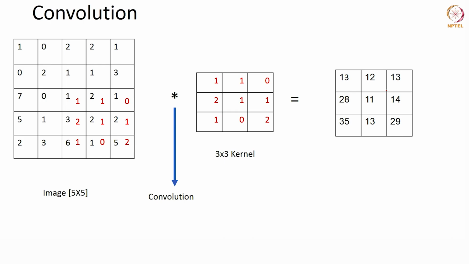In general, if you have an image or input of size nx times ny and your filter kernel is of size fx by fy, your output size would be nx minus fx plus 1 and ny minus fy plus 1. This is a basic output. As you do the convolution, the output size keeps decreasing.